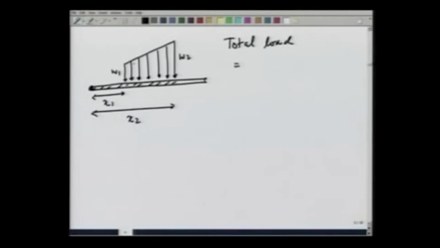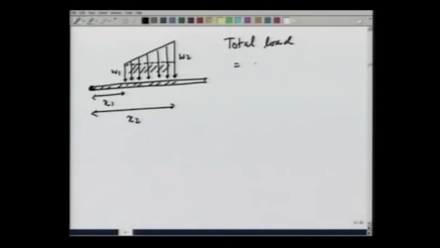I can, for later reference, divide this area into two areas, one corresponding to this rectangle of height W1 and width x2 minus x1, and another one the triangle.